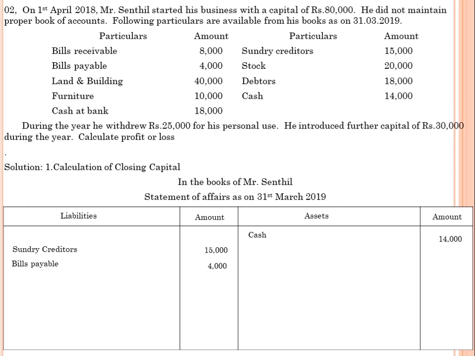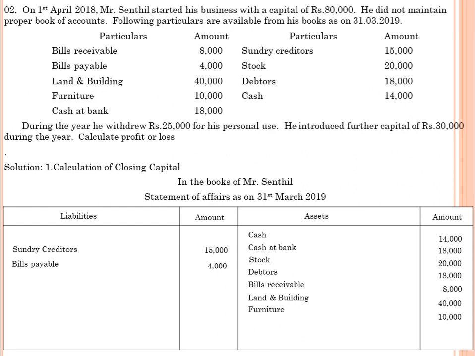Let's move on to the asset side. Cash 14,000, cash at bank 18,000, stock 20,000, debtors 18,000, bills receivable 8,000, land and building 40,000, furniture 10,000. These are the items related to assets. Here there is no adjustment.